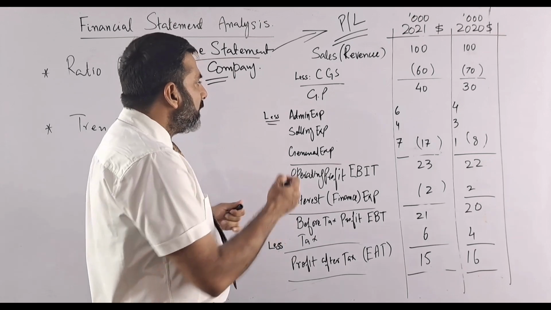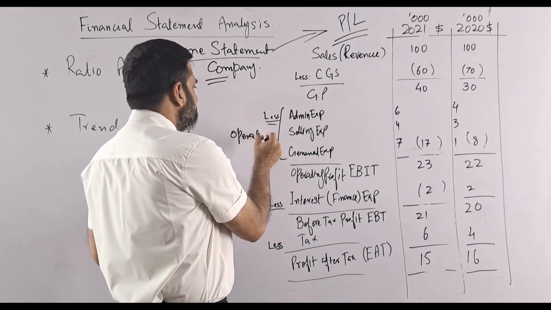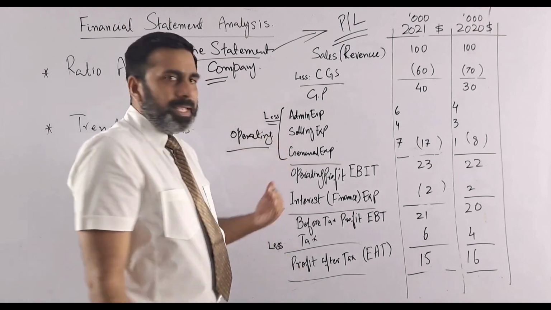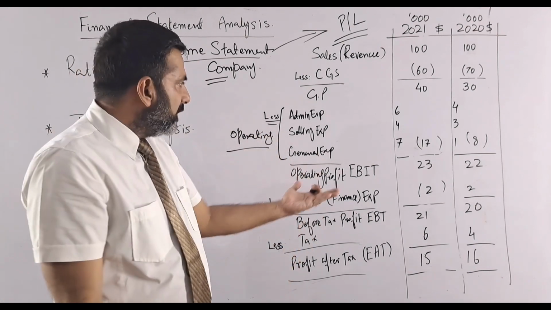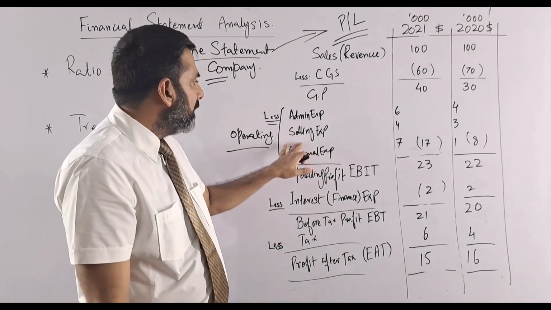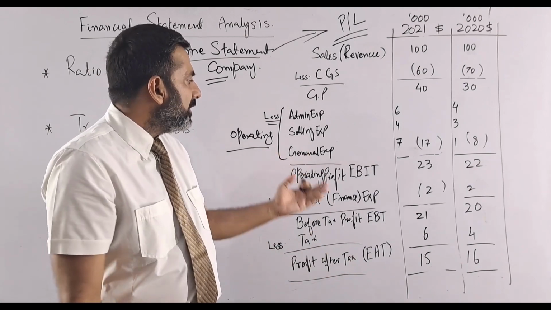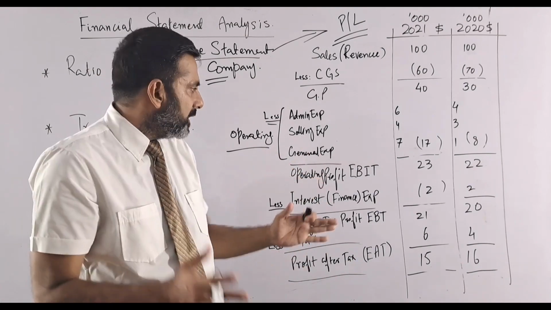Then we have our operating expenses, like admin or office expenses, administration expenses, then selling or marketing expenses or distribution expenses. Then we have general expenses for the overall company.